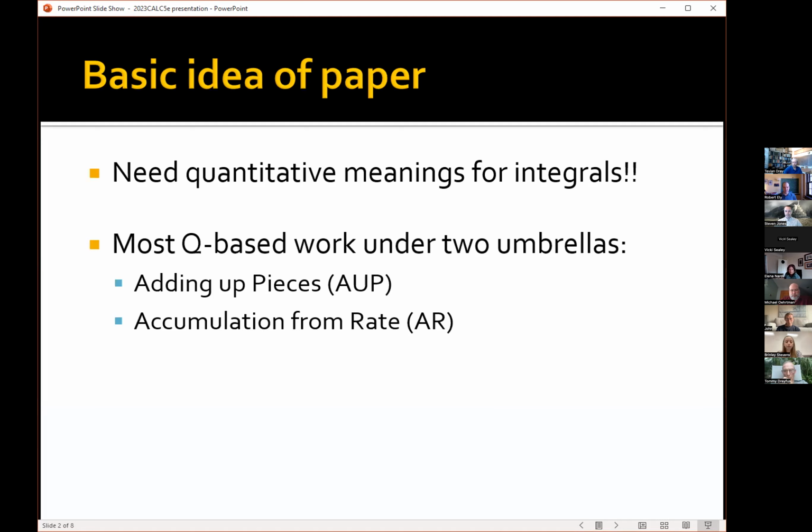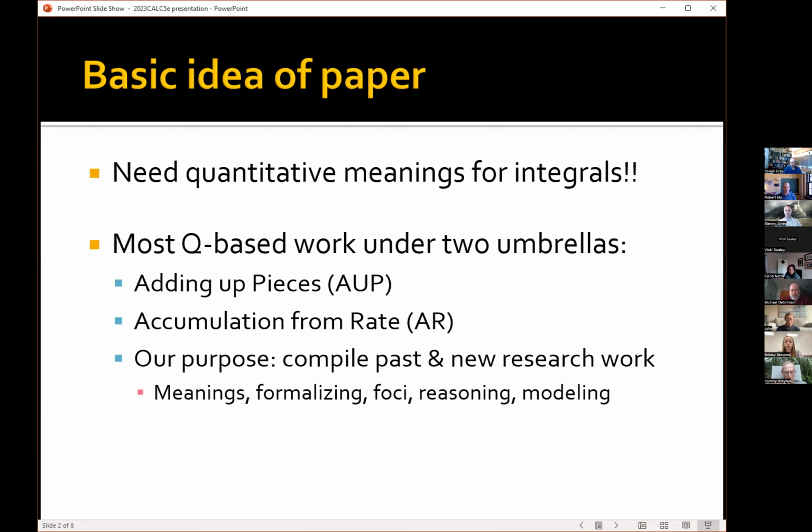Most of the quantitative work falls under two umbrellas that we call adding up pieces and accumulation from rate. The purpose of our paper was to compile and synthesize past and ongoing work in these paradigms to examine meanings, formalizings, the different foci, reasonings, and modeling. All you can get today is a tiny sample of what's in the paper.